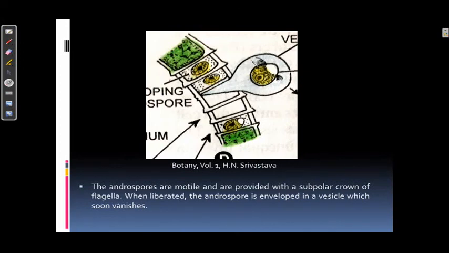During the liberation of the androspores, a slit appears on the wall of the androsporangium, and the androspores come out in a small vesicle which soon degenerates, and the androspore becomes free.